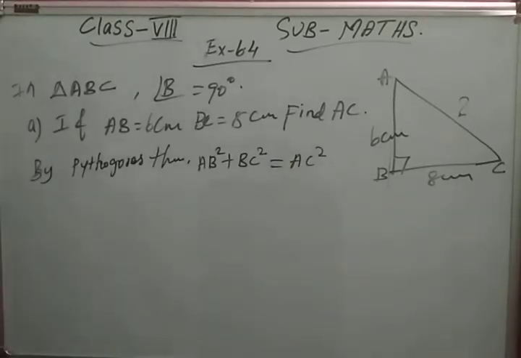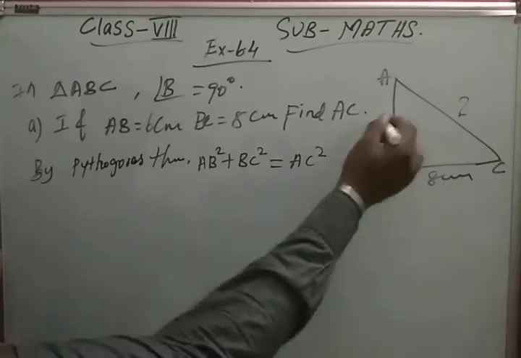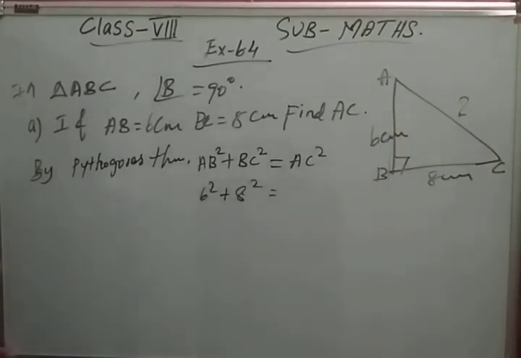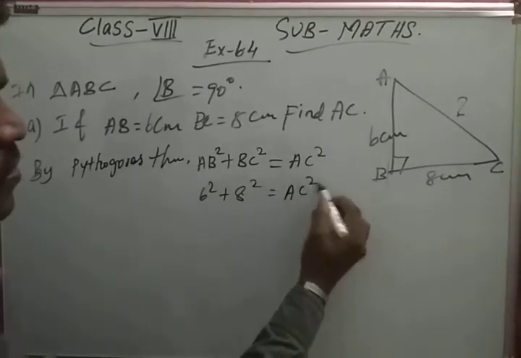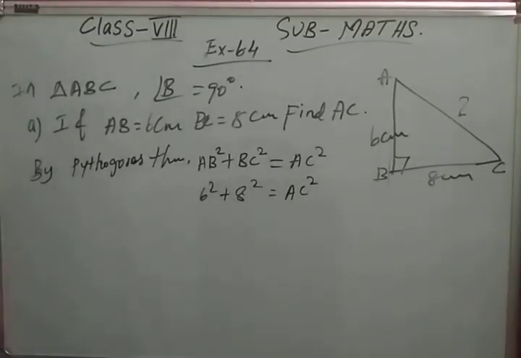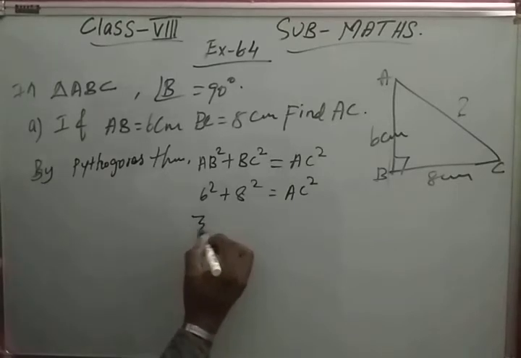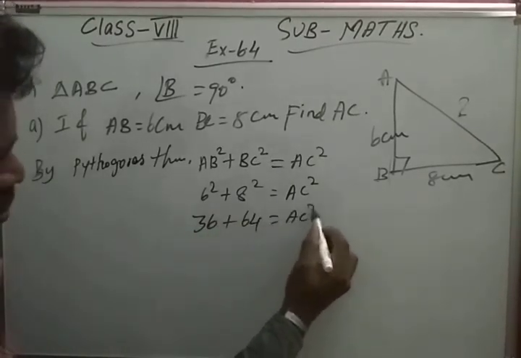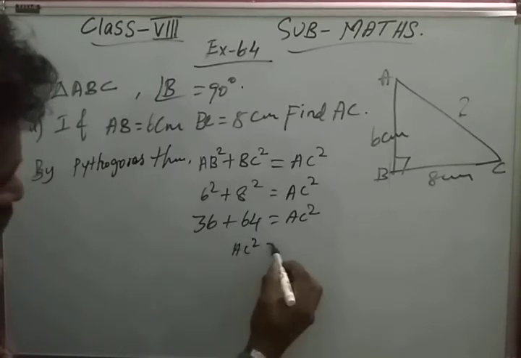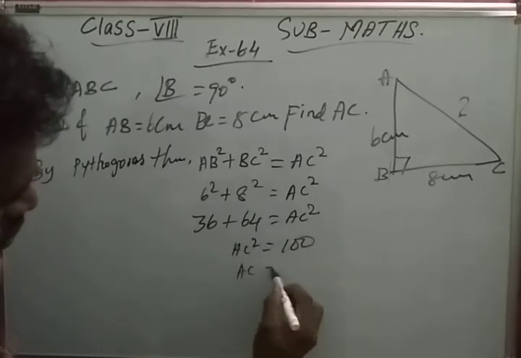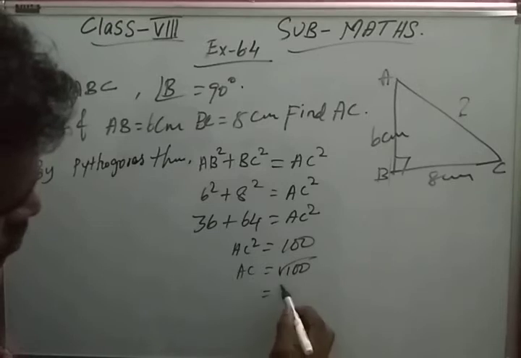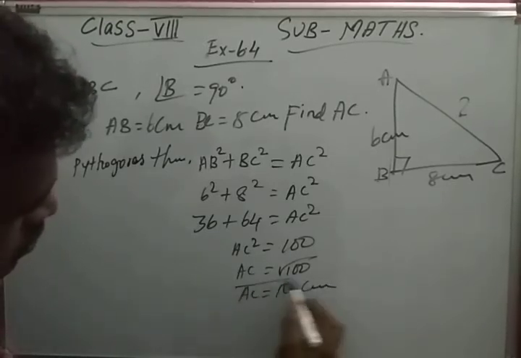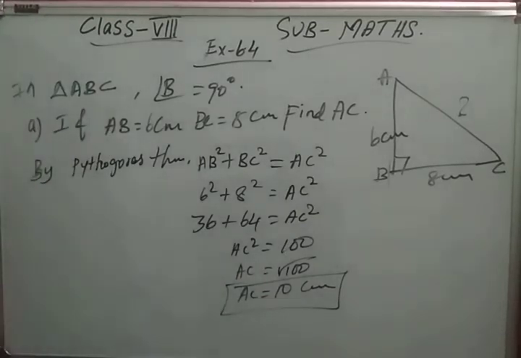Now substitute the values. 6 square plus 8 square is equal to AC square. 6 squared is 36 plus 8 squared is 64, so AC square is equal to 100. Then AC is equal to root of 100, which is equal to 10 centimeter.